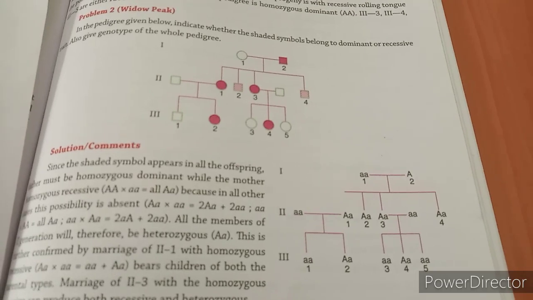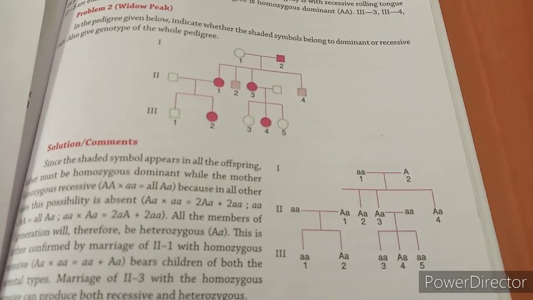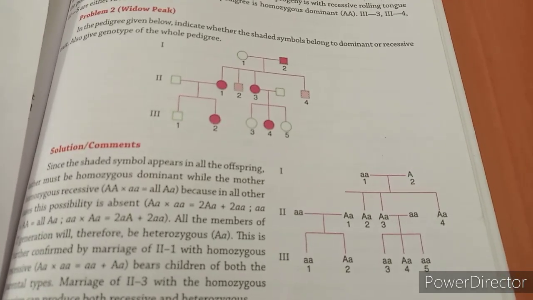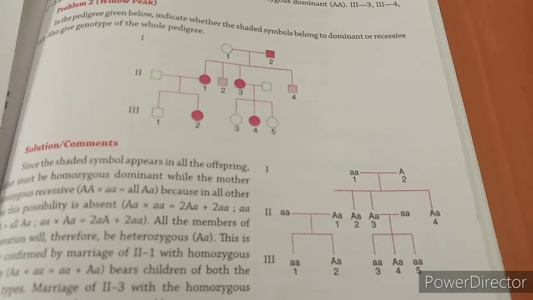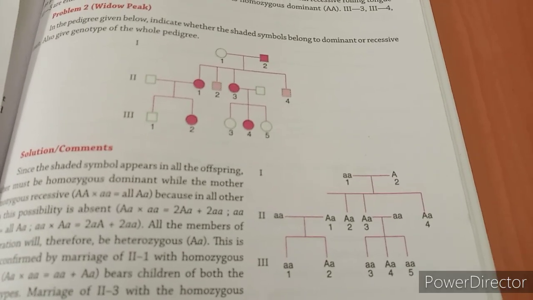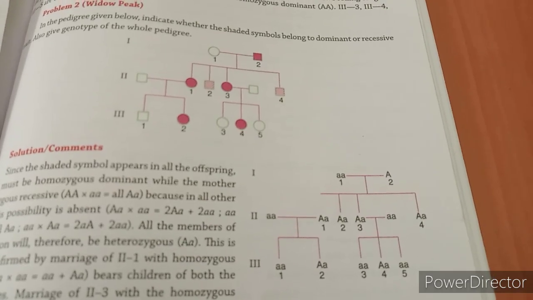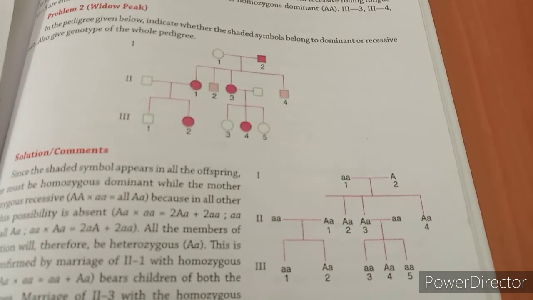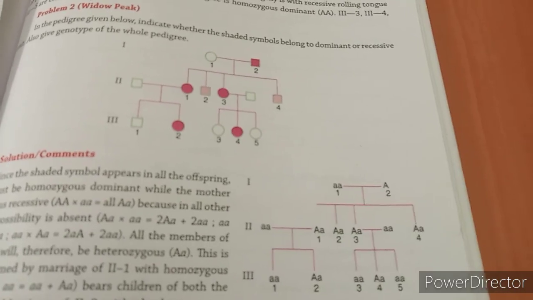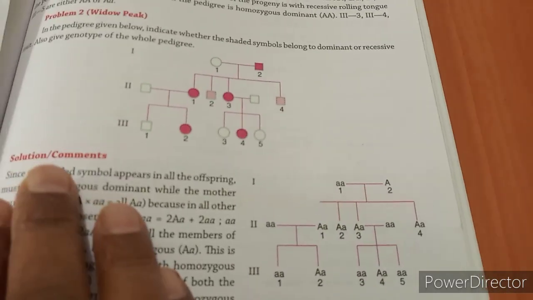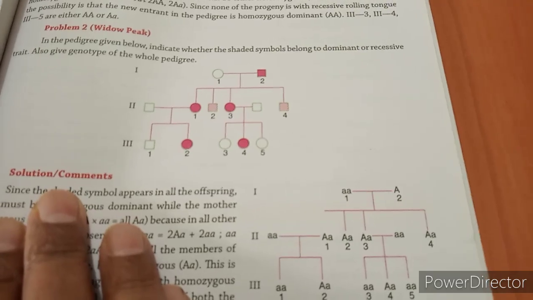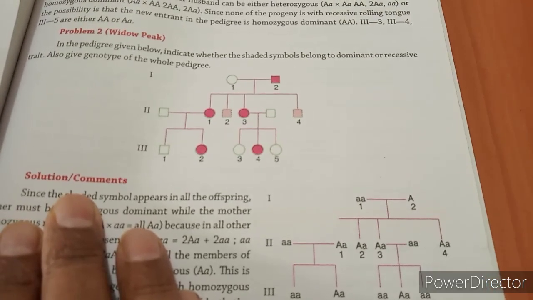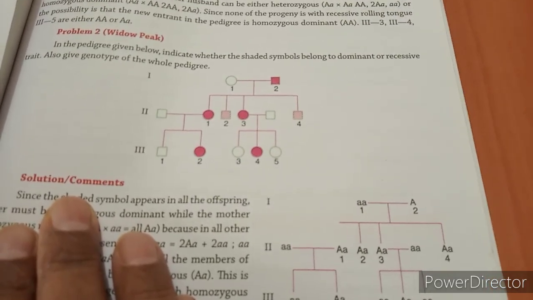Second pedigree chart, here we have, this is for the widow's peak. Now here we can see the widow's peak, the shaded symbols belong to the dominant or the recessive trait, and the genotype of the whole pedigree is shown here.